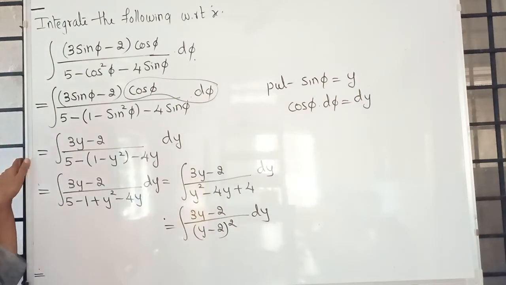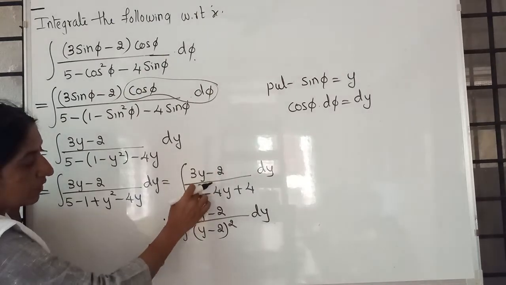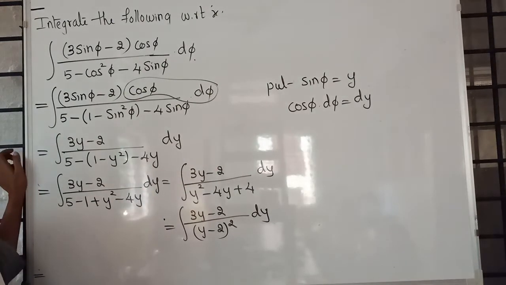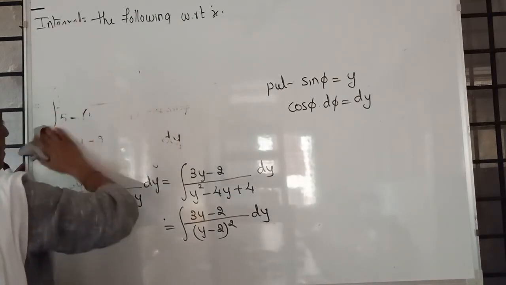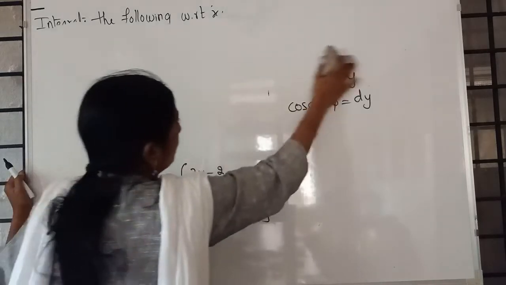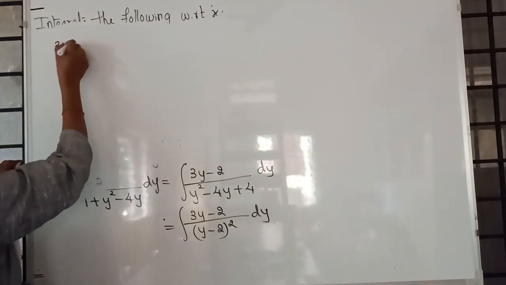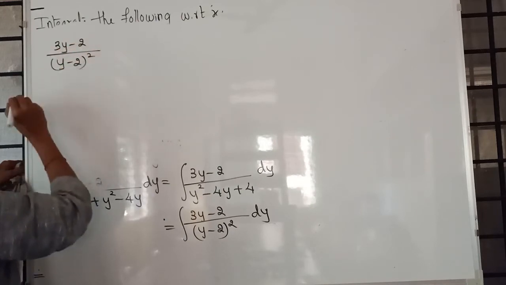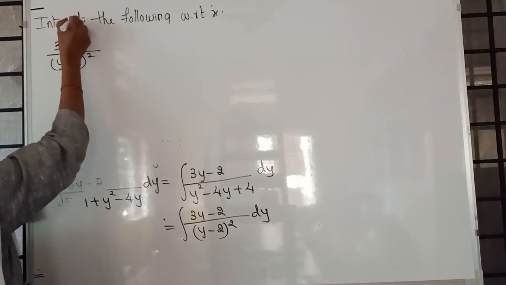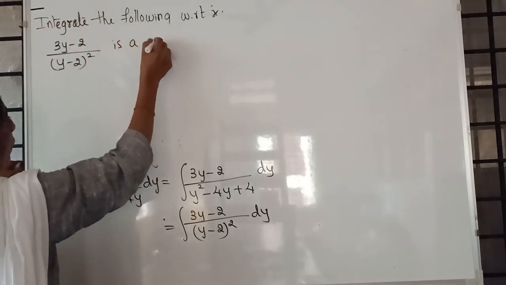Now see, the denominator is a linear repeated factor. And you know that here y power is 1, here y power is 2. It is nothing but a proper fraction. First, now start the steps. 3y minus 2 upon y minus 2 whole square is a proper fraction.